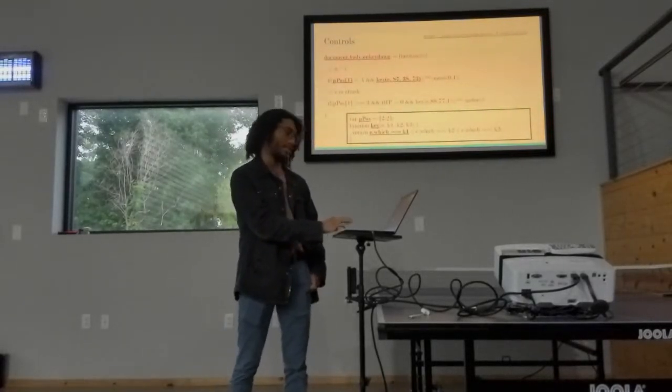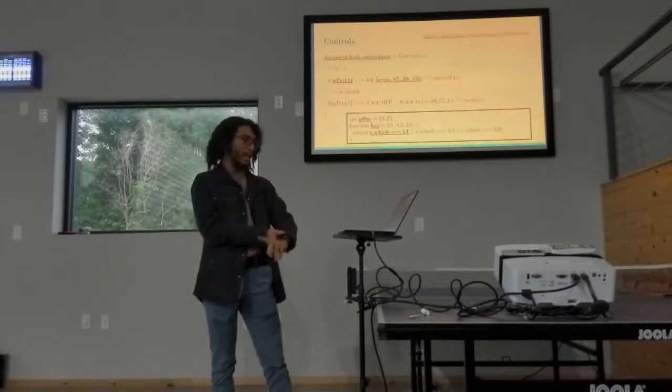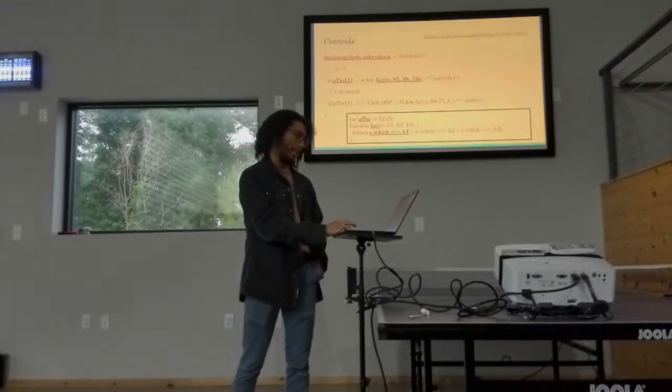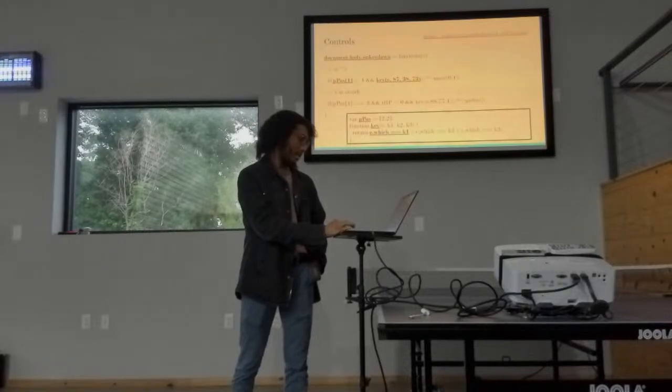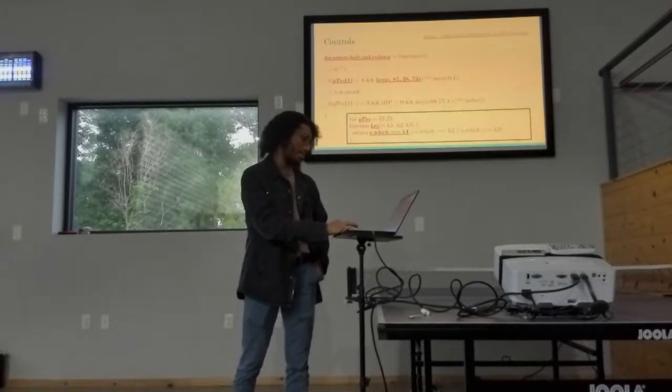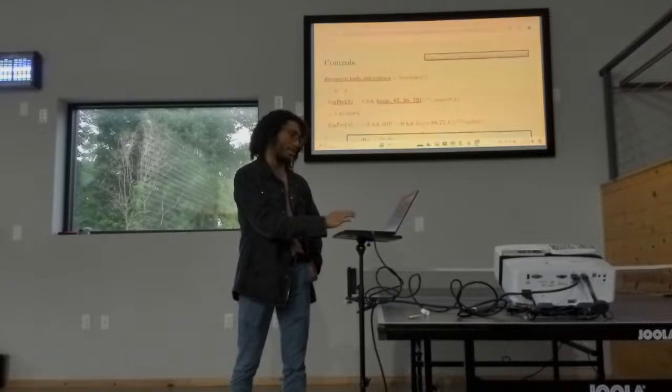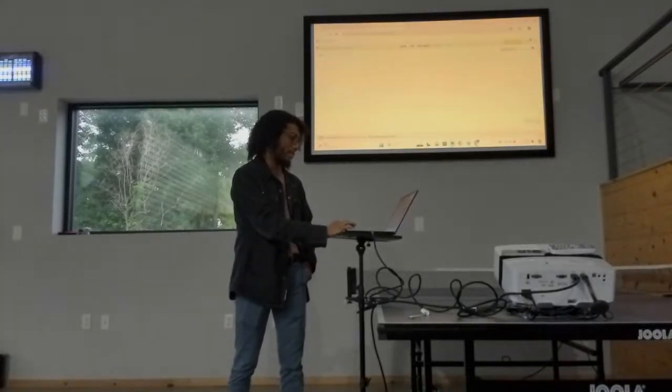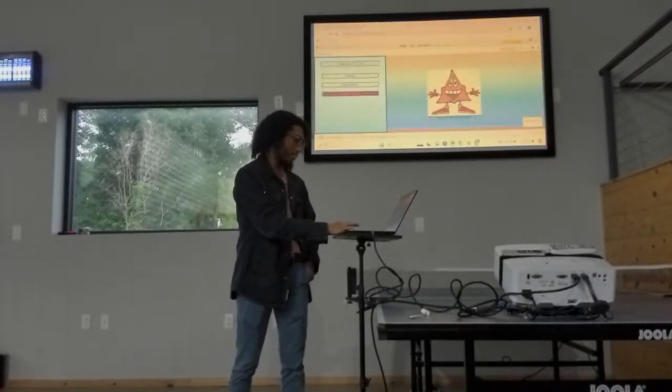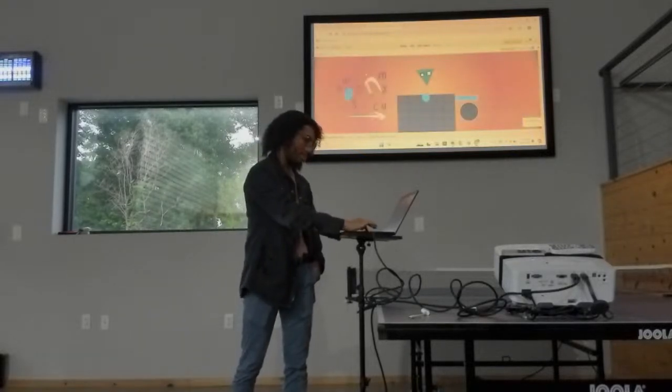This code right here detects the position of the character, and that makes sure you can't go out of bounds. And yeah, the other key codes work to make sure all the inputs are working properly. So this is an early version of the game where you can just move around.